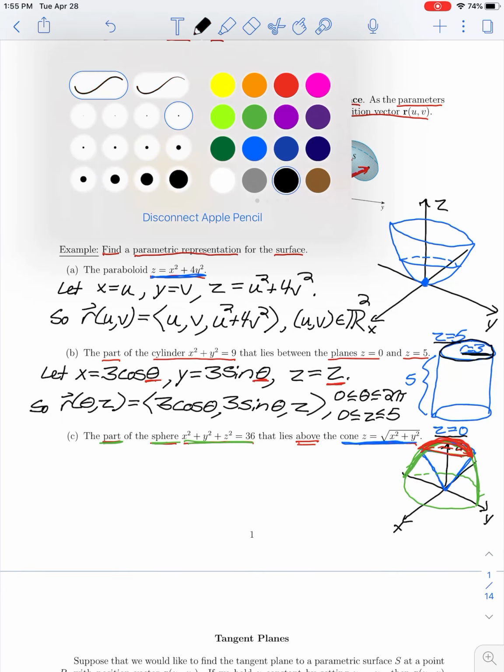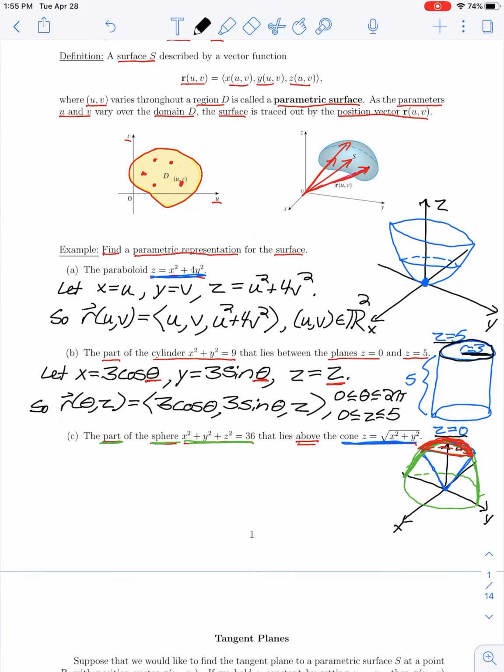So in order to describe this surface, since we're talking about a part of a sphere which lies above a cone, we might make use of spherical coordinates. We had introduced the idea that equations of spheres and cones in space are described pretty easily in terms of spherical coordinates.